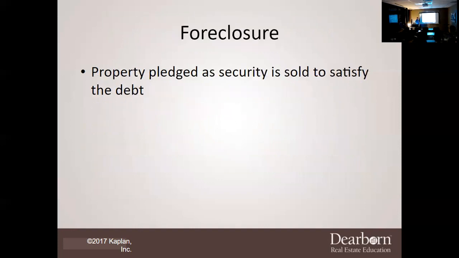Now, Miss Linda, this is the one that you loved a lot. It's called foreclosure. Foreclosure is basically property pledged as security that is sold to satisfy a debt. So if you fail to fulfill your obligation, they will sell that property.